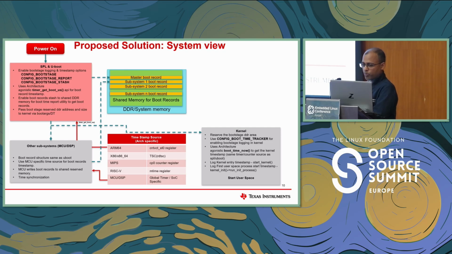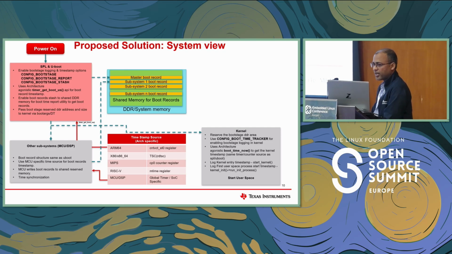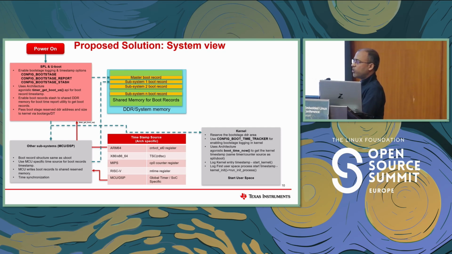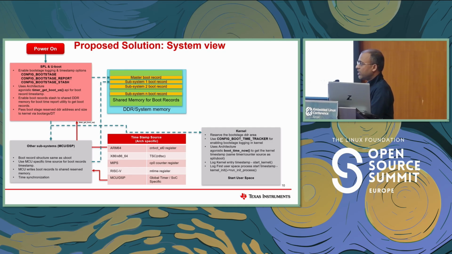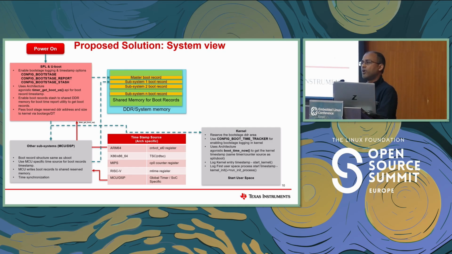We also propose this config, boot time tracker. What it does is create architecture-agnostic APIs for giving you the timestamp source. We have done this for ARM64 using the CNTVCT_EL0 register.